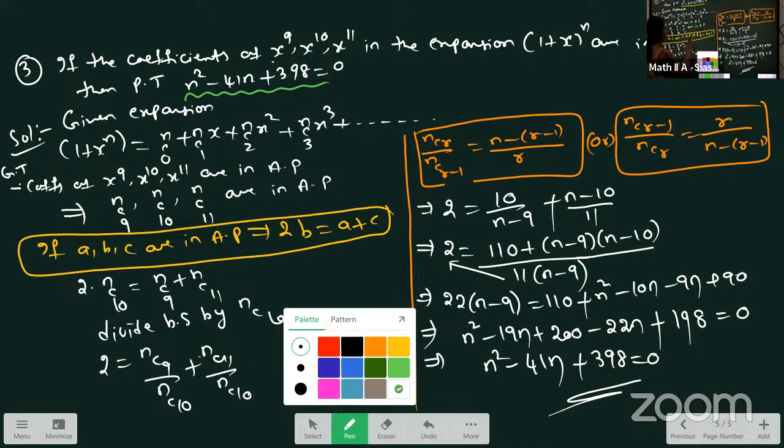The same question, suppose it is in terms of the rth term, (r plus 1)th term and (r plus 2)nd term. There also you have an expansion. So one more question we have. After this, next we'll go to that question.